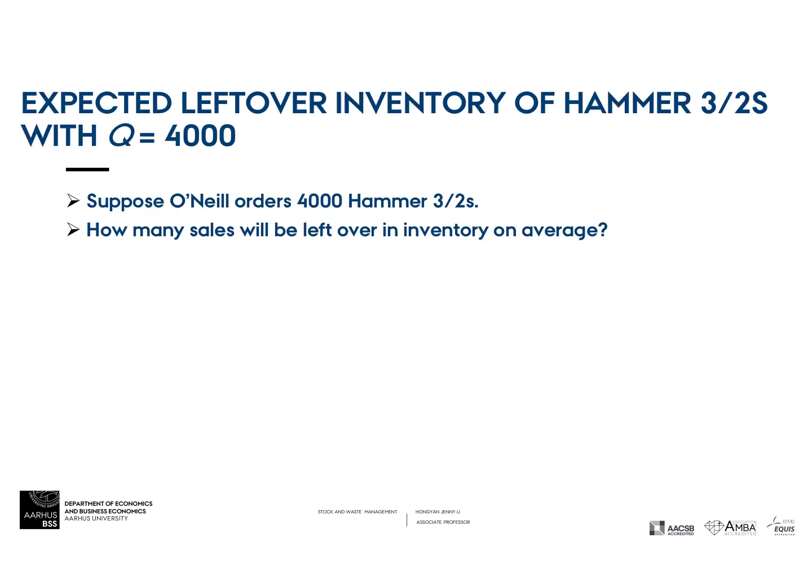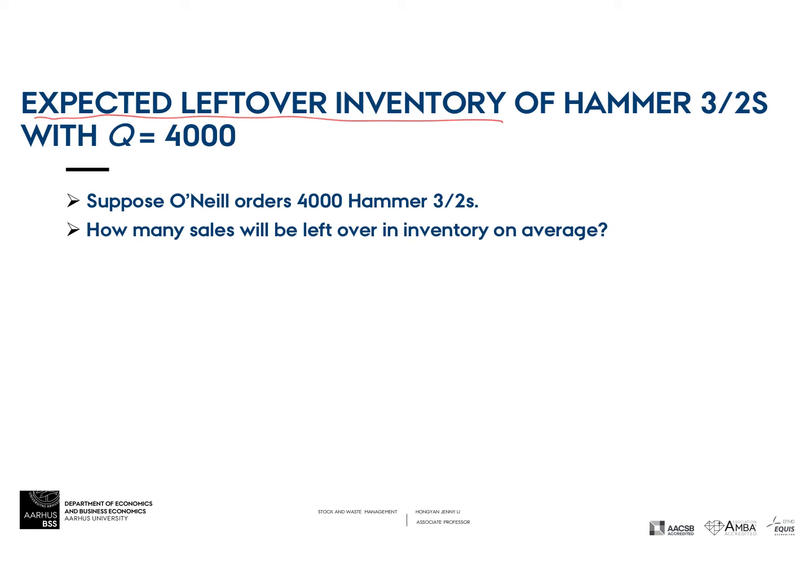We talked about how to calculate the expected lost sales. It's also possible to calculate expected leftover inventory. So I have this question for you. Suppose O'Neill orders 5,000 Hammer 32, then how many units of the product would be left over in inventory on average?